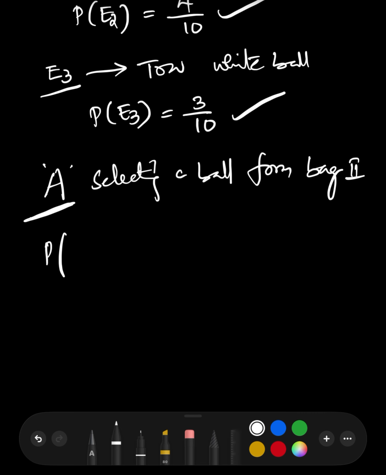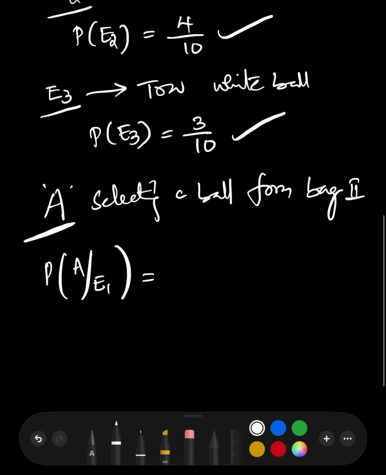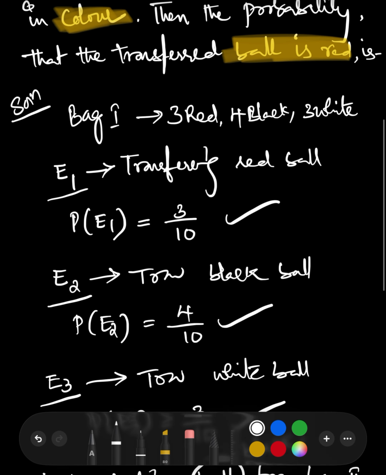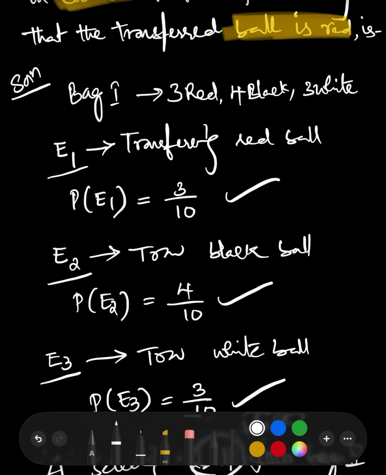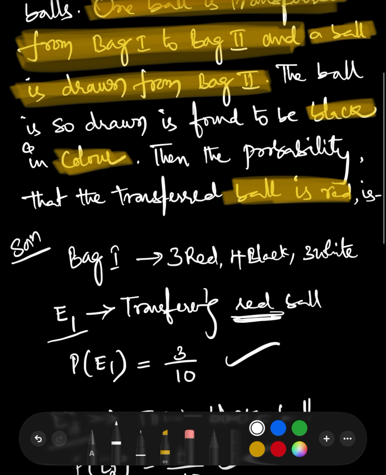So first, P of A given E1 means, after E1, selecting a ball from bag 2, and that is a black ball. In E1 we transferred a red ball, so the count of black balls in bag 2 will not change.